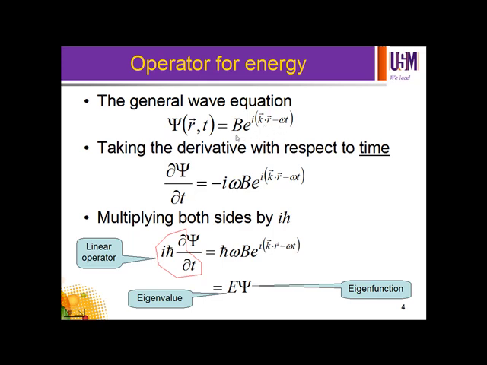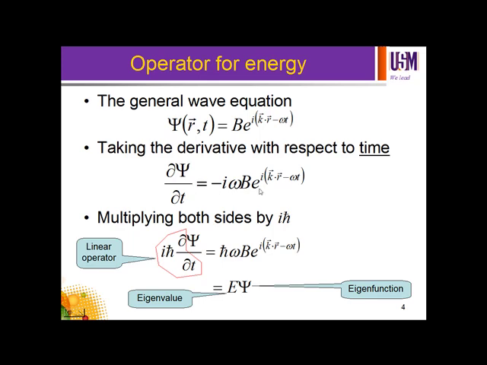Remember that B can be a complex number, and of course the exponent with the small i also contains complex numbers. Taking the derivative with respect to time, remember that we have two variables there, position and time. So if we take the derivative with respect to time, basically we differentiate psi, or the wave function, with respect to time t.